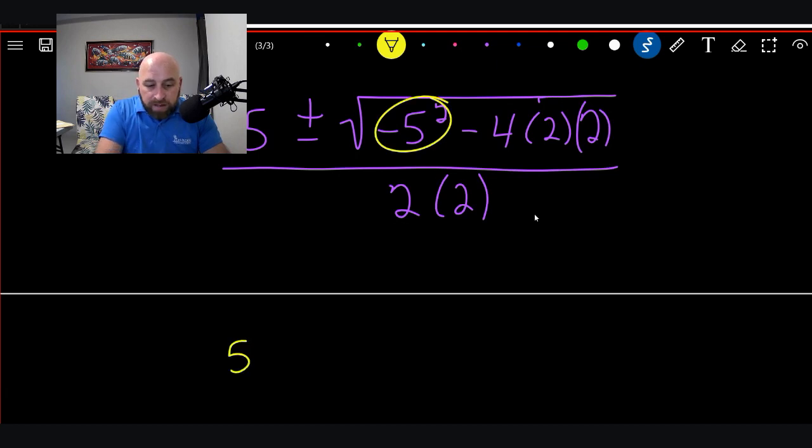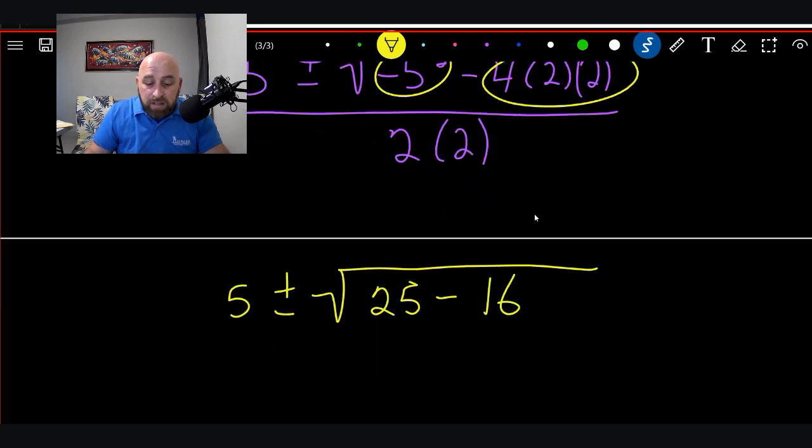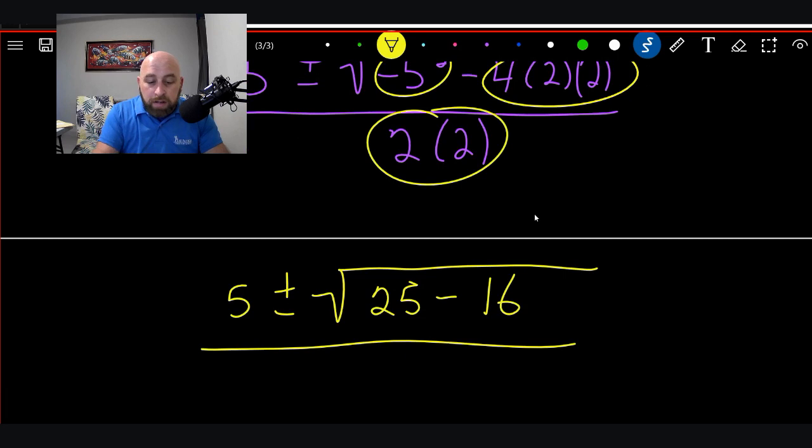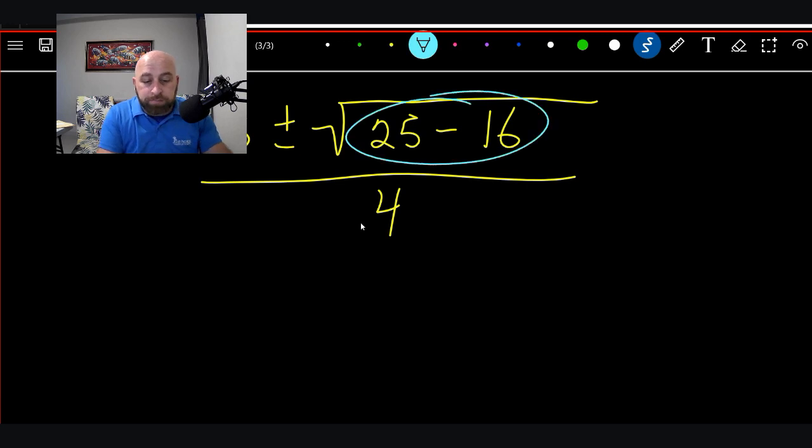So we're going to have 5 plus minus the square root of -5 times -5, which is positive 25, minus, and then we'll multiply those together. 4 times 2 is 8. 8 times 2 is 16. And then we can do this denominator, which is 4. Okay, and now we're just going to keep solving in here.